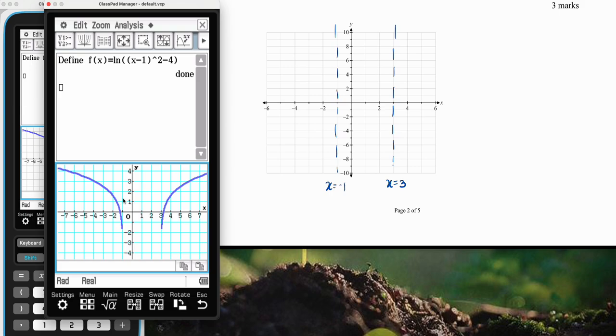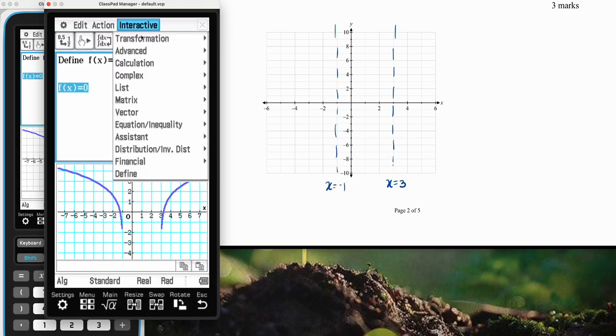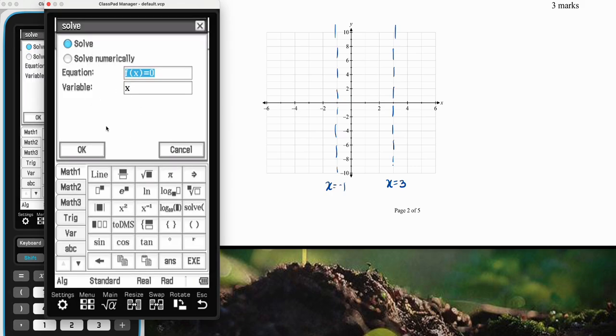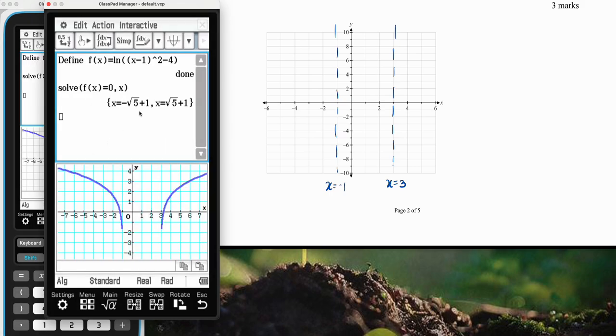I'm going to work out some values for you. First, I'm going to solve for 0. We okay with that? Solving for 0, pretty simple.